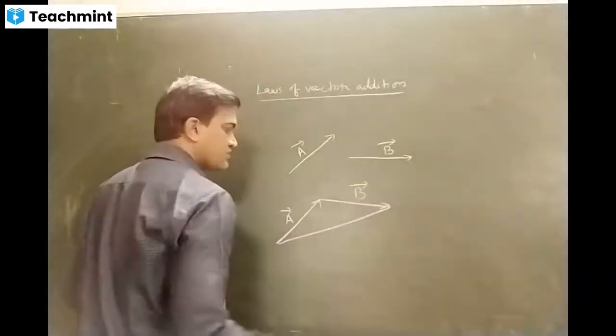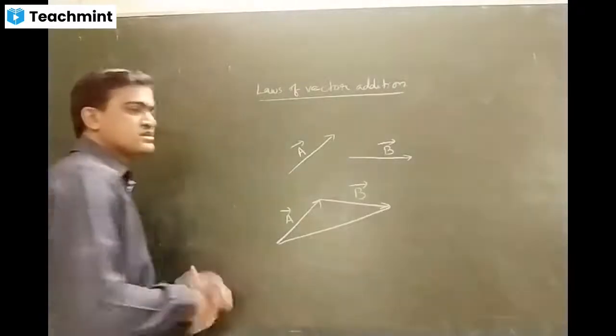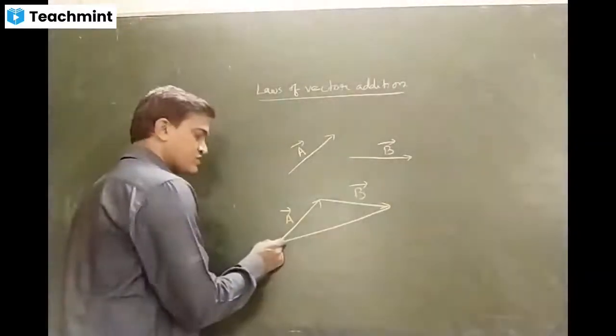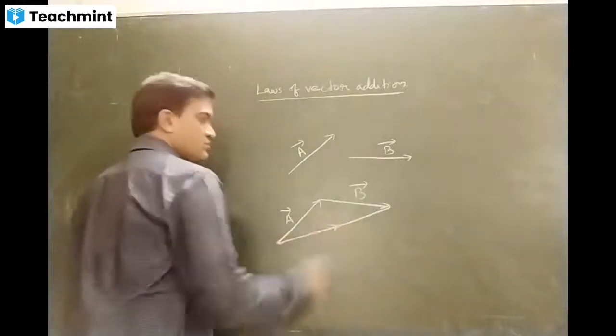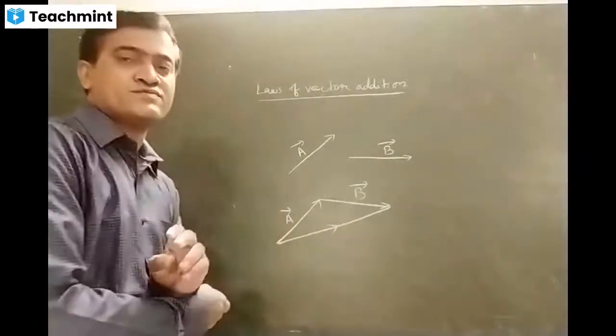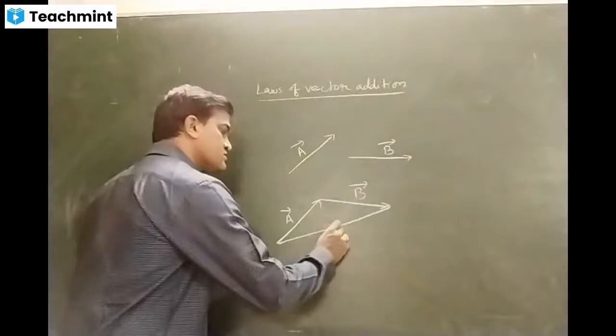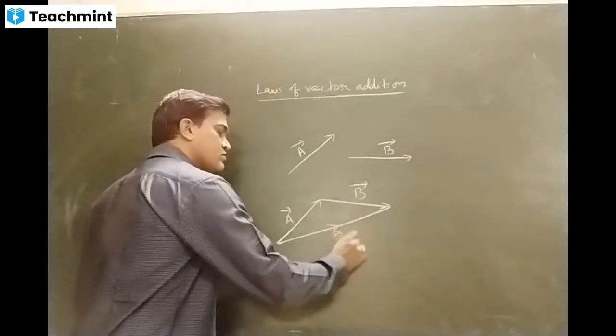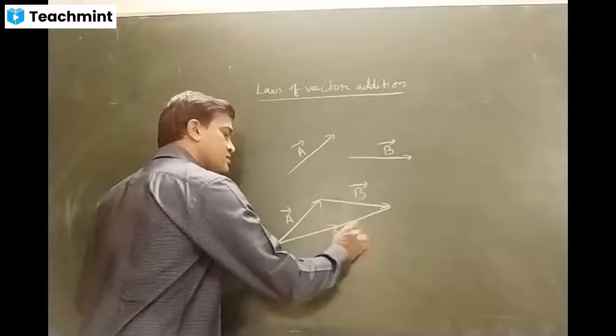What is the resultant? The direction of the resultant is from the tail of the first vector to the head of the second vector. So can I say R bar, the resultant, is equal to A bar plus B bar?